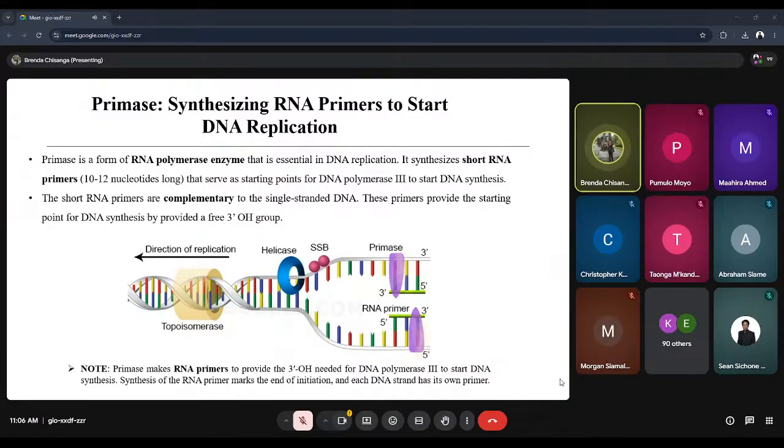So it causes a strain, which allows that section to open up, to unwind. So DnaA is not an enzyme that breaks hydrogen bonds; the breaking of hydrogen bonds is because of the strain it causes by binding to the DNA. Now, once there is that short segment of DNA that is unwound, and by that I mean the two strands in that region are no longer held by hydrogen bonds, okay?